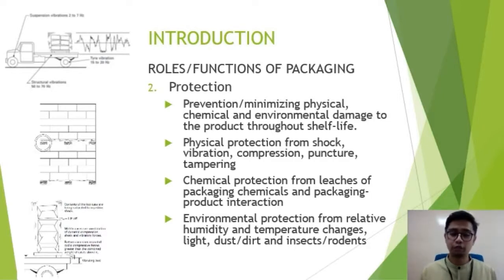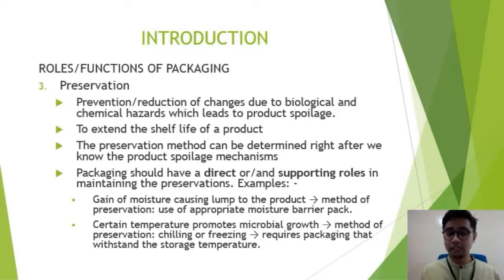For environmental protection, for example, is the protection from relative humidity, temperature changes, light, dust or dirt, and insects or rodents such as rats, ants, or mice, etc. The third role or function of packaging is preservation.